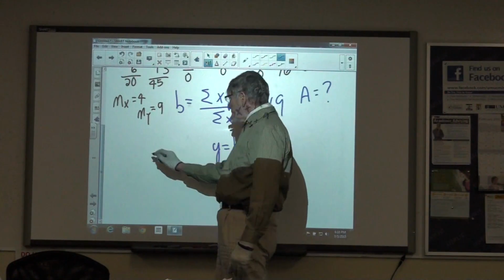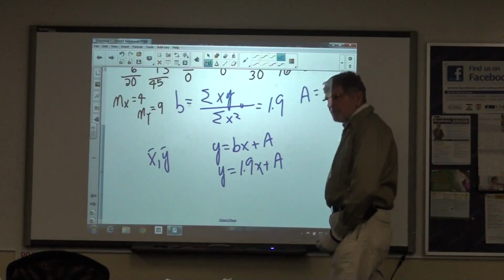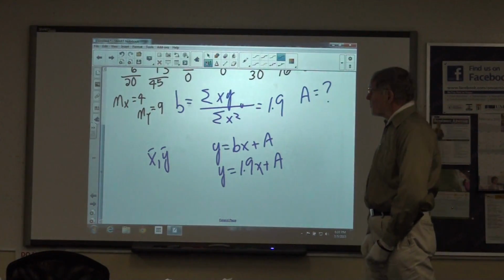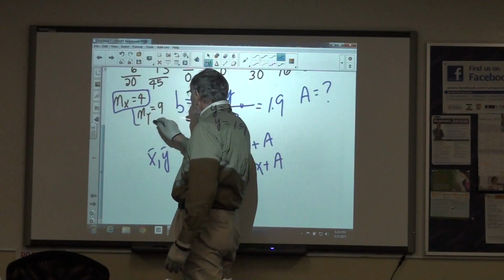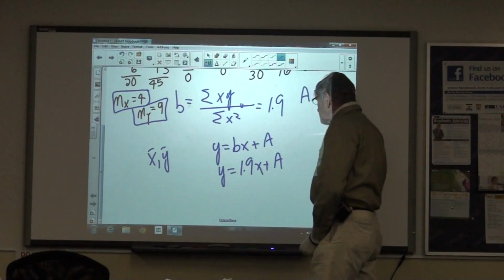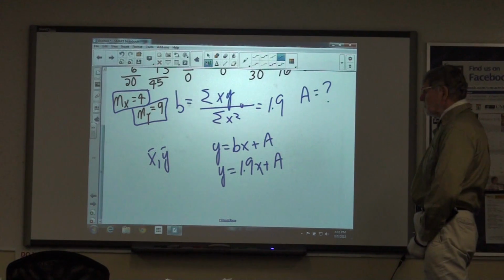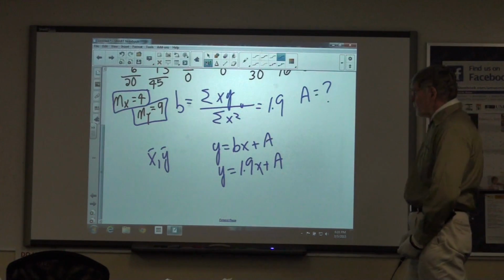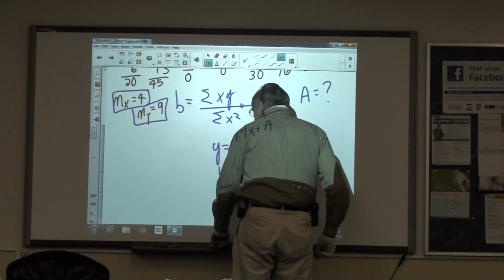And do we not know that x bar comma y bar is on the line? Yes. So indeed, this point is on the line. And that point can be used now to find a. I'm calling them x bar and y bar now because I'm slipping into Ilkowski's notation.